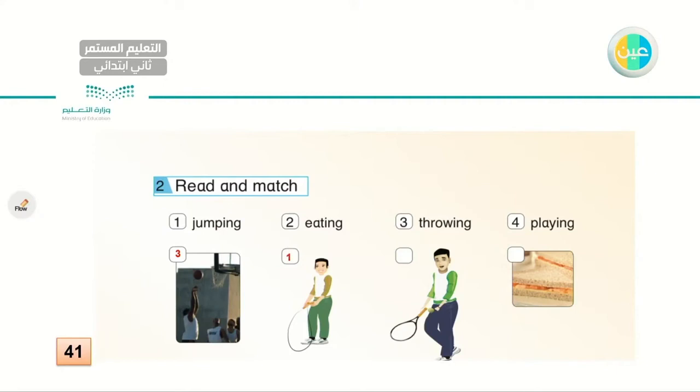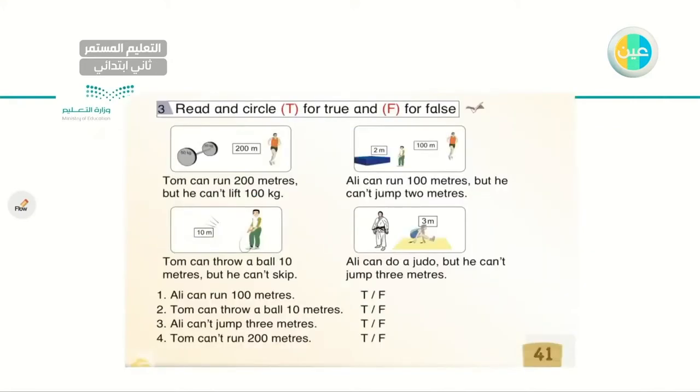For the next boy or the third boy, what do you think? Now I have playing and eating. Which one do you think fits? Very good. Playing. Excellent. And then we have eating. Very good. So make sure you have the correct numbers in your book. 3, 1, 4, and 2. Very good. Let's go to the next part.